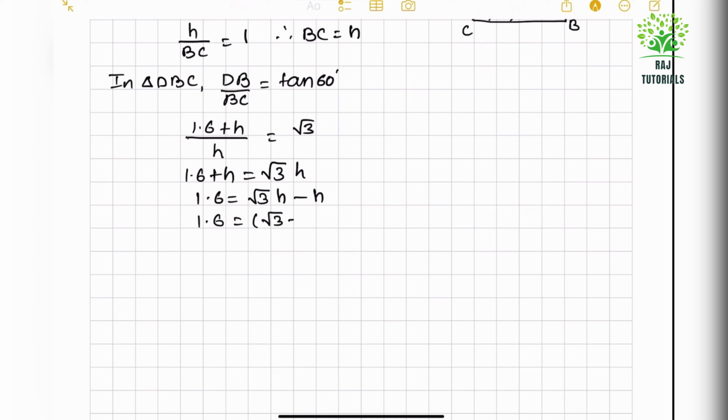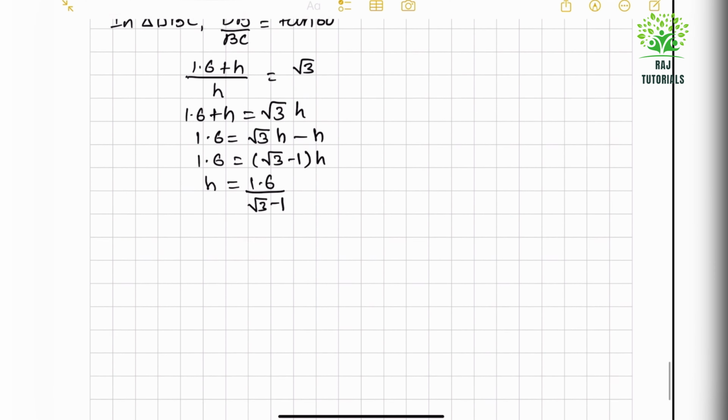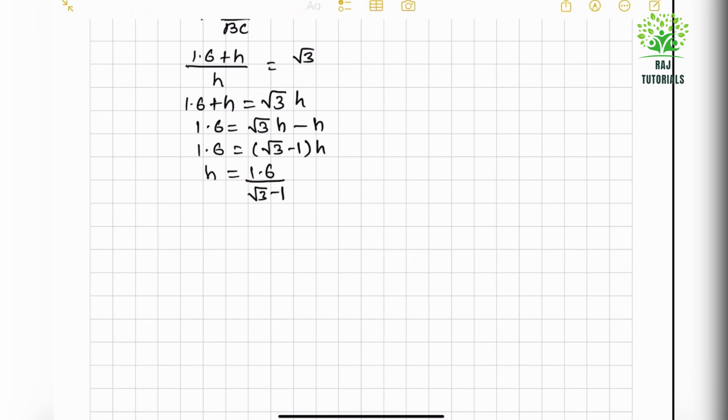So I can say 1.6 + h equal to root 3h. So 1.6 equal to root 3h minus h. 1.6 equal to (root 3 minus 1)h. So h equal to 1.6 upon (root 3 minus 1).